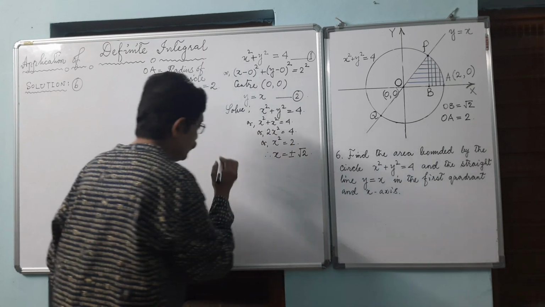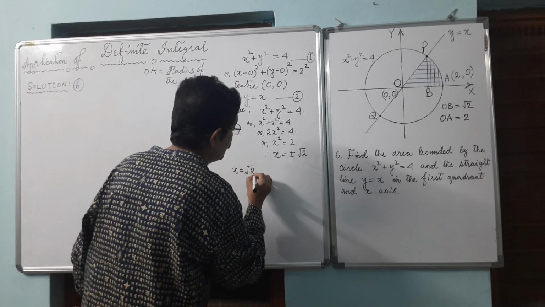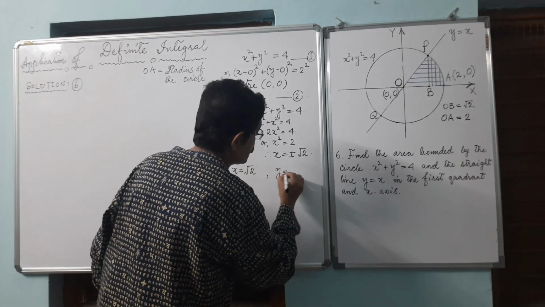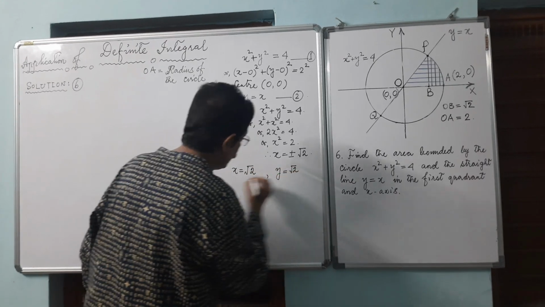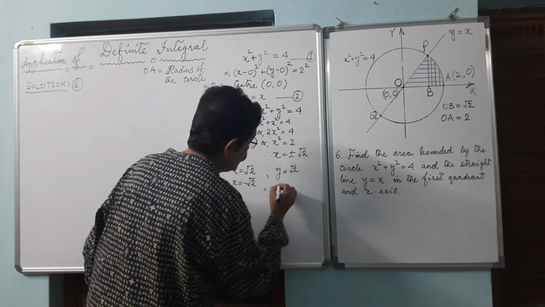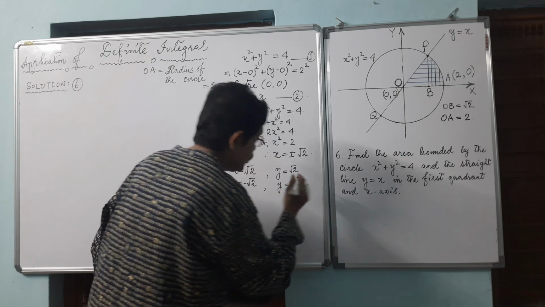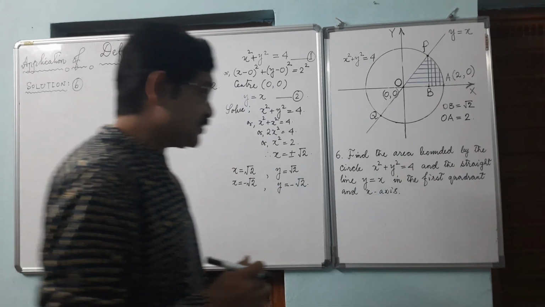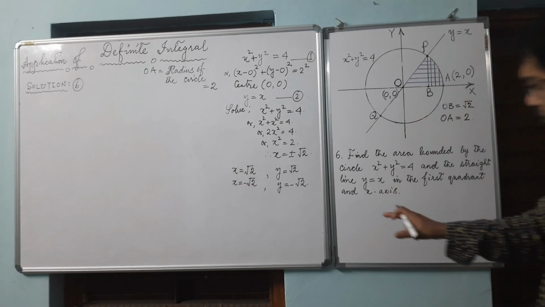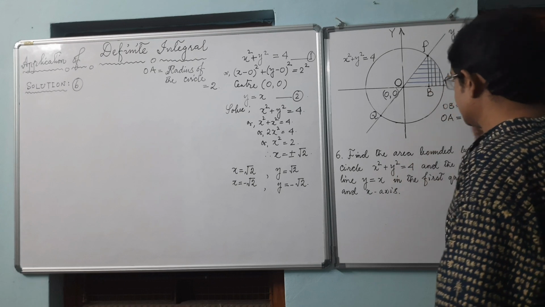Not only that, when we substitute x equals to root 2, we get y equals to root 2, and when we substitute x equals to minus root 2, we get y equals to minus root 2. So this gives the 2 points of intersection between the straight line y equals to x and the circle x square plus y square equals to 4.